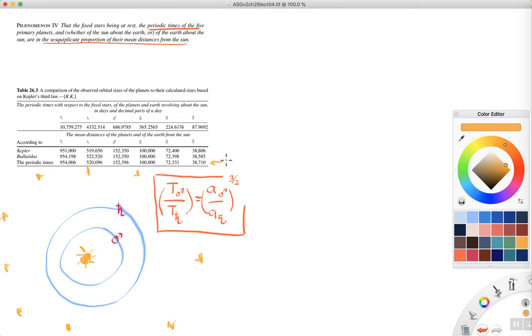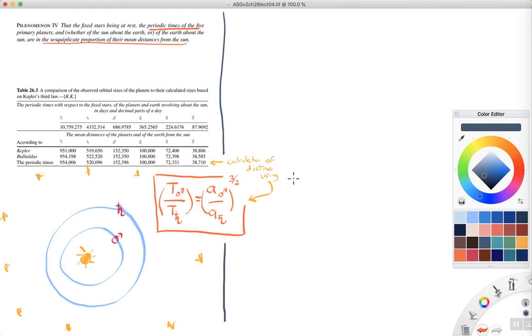So this is the calculation of the distance using Kepler's third law, and you'll see that these numbers lie pretty close to the measured values of the distances from the sun. And so what Newton is essentially arguing here is that Kepler's third law holds. That is, the planets are obeying Kepler's third law.